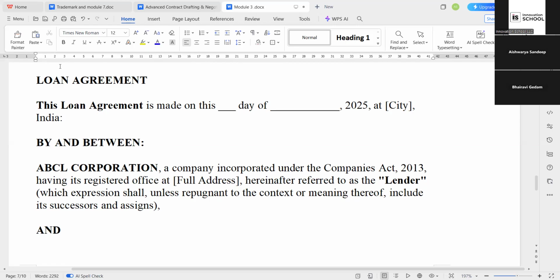Or the loan will be in the name of some shell company, or in the name of his relatives, etc. And after that, they will siphon the money. Two to three years down the line, they'll say it's a bad debt and strike it off. So the money is legally siphoned off from the company.